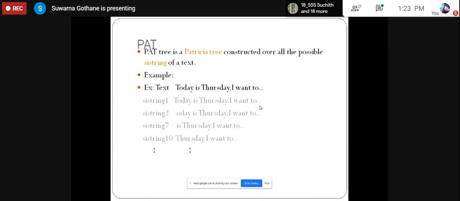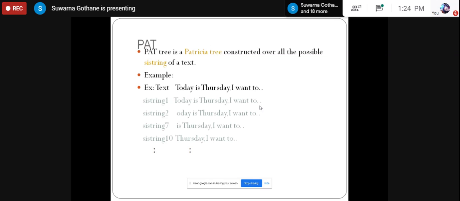So consider any example or any text. Suppose this is one example: Today is Thursday, and then the sentence continues. So what we discuss is going to be considered as substrings. Substrings are also called sistrings. The main string is going to be divided into substrings, or we call them sistrings. So sistring 1, 2, 3, 4, as long as it continues, depending on the size of your query.